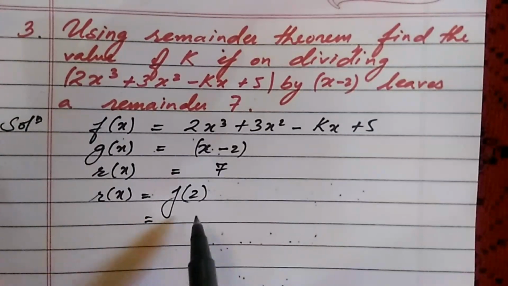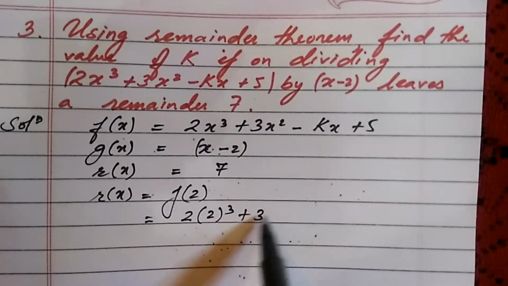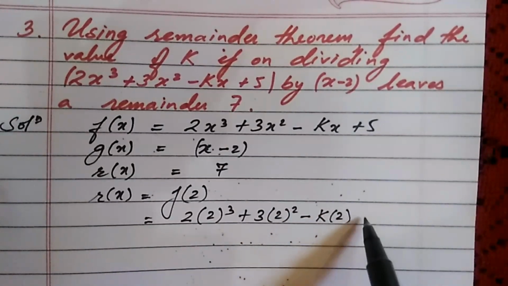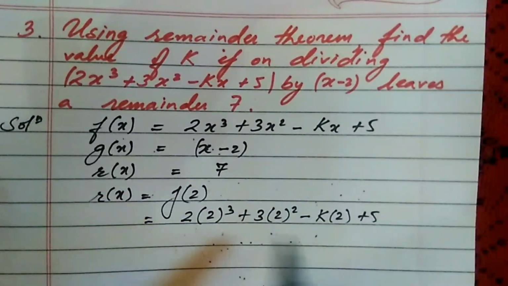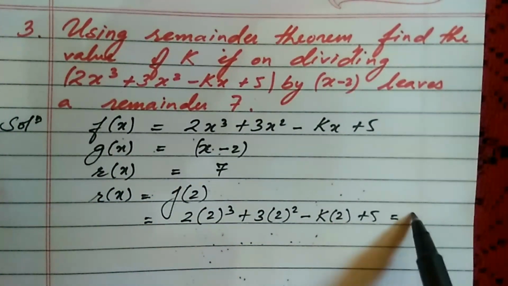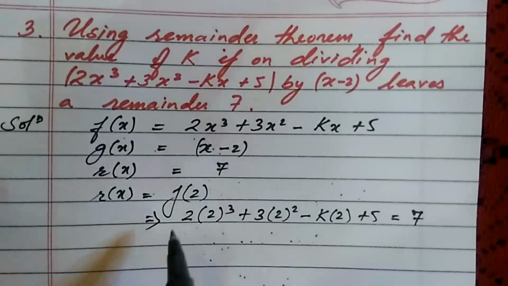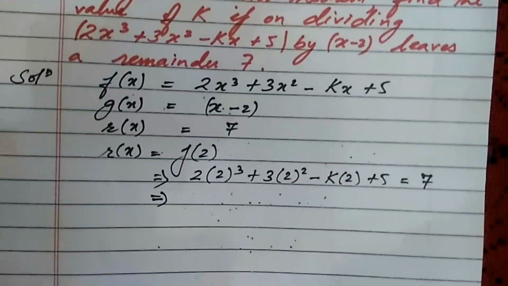So if I replace, then I'll get 2 into 2 cubed plus 3 into 2 squared minus k into 2 plus 5. But we have been given remainder 7. That means after doing this, we will get the value 7, so our right hand side becomes 7. Now we can simplify this one to solve for the value of k.